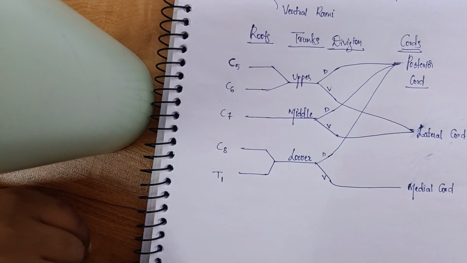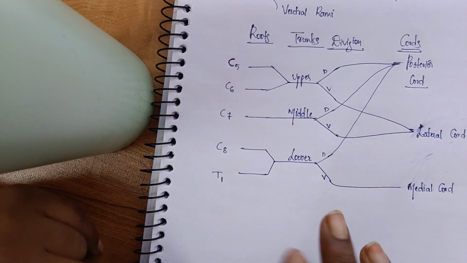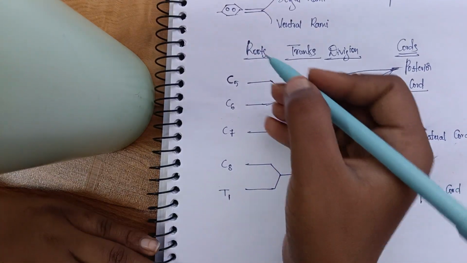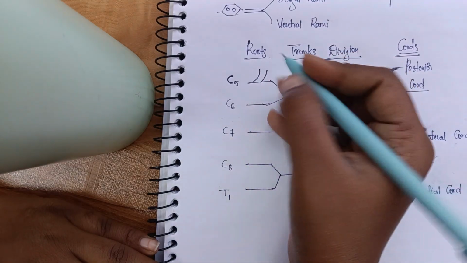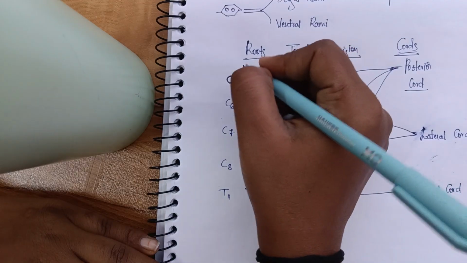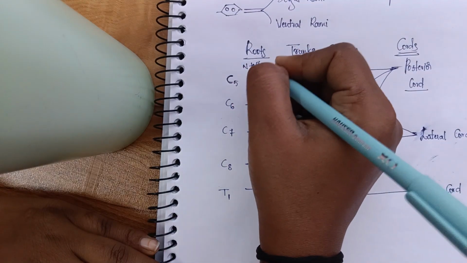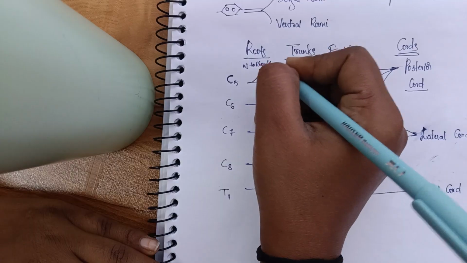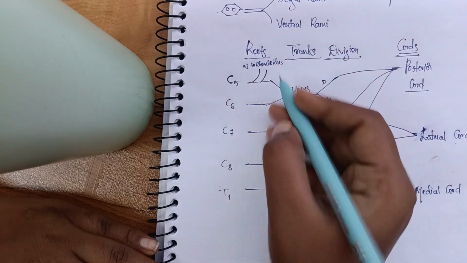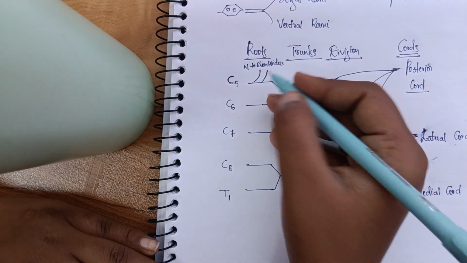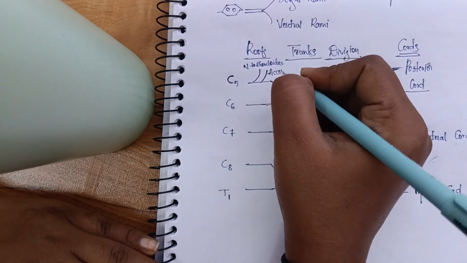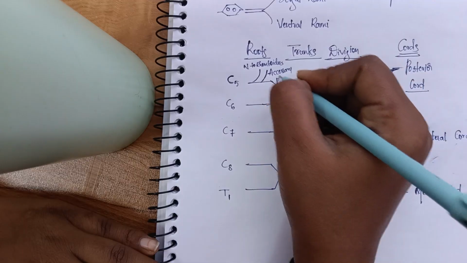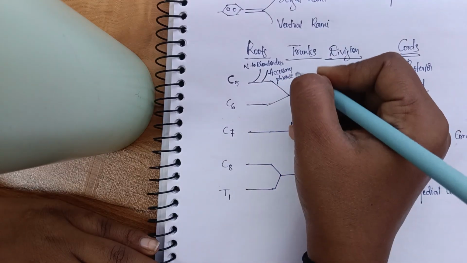So now let's see the branches from the roots. C5 gives two branches. One is the nerve to rhomboids, and another one is the accessory phrenic nerve.